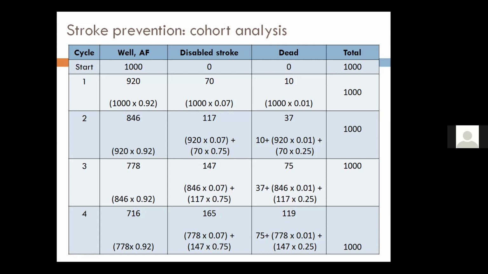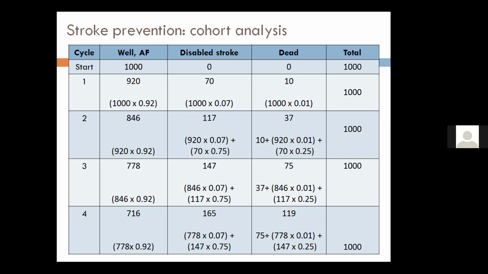In the next period, the probability remains the same. 92% of 920 is 846. Now you see the numbers in disabled are increasing. The percentage remains the same, but the number is increasing, and it is cumulating.